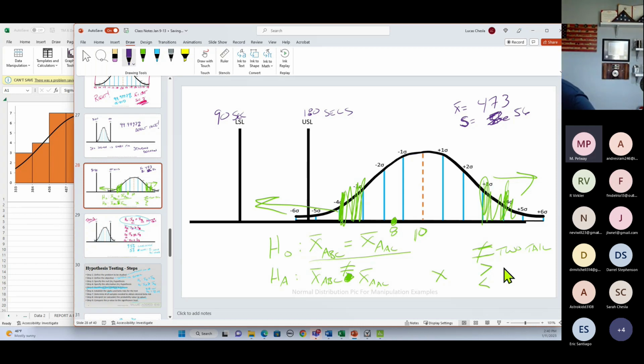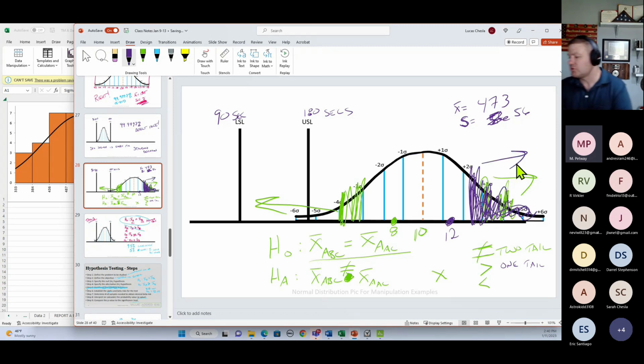Now, if I were to say greater than, all I'm asking is, okay, I pulled a number that is, say, 12. Is that more extreme greater than this average right here? That's a one-tail.